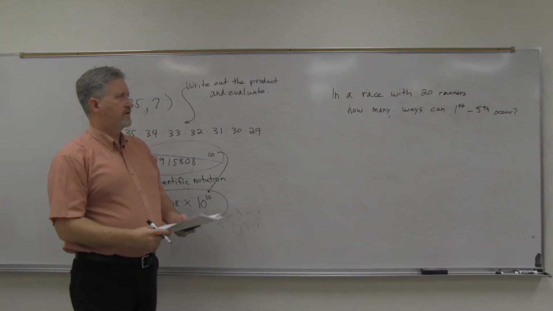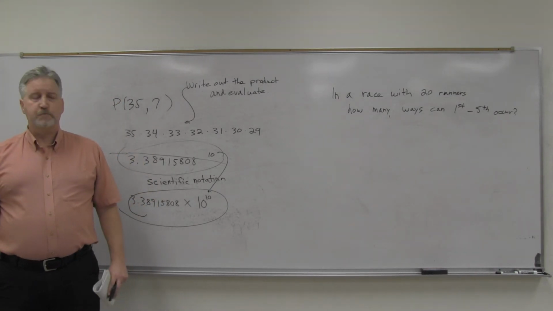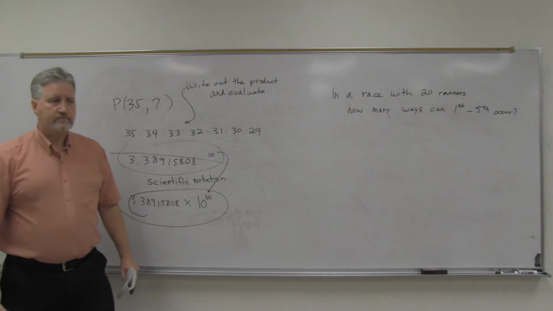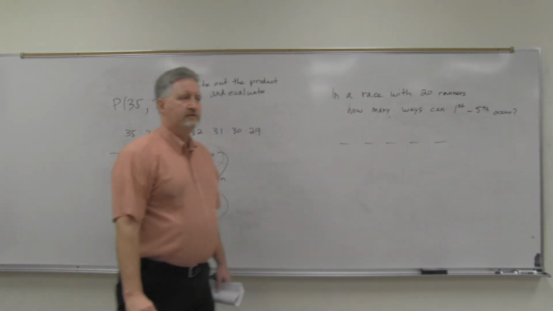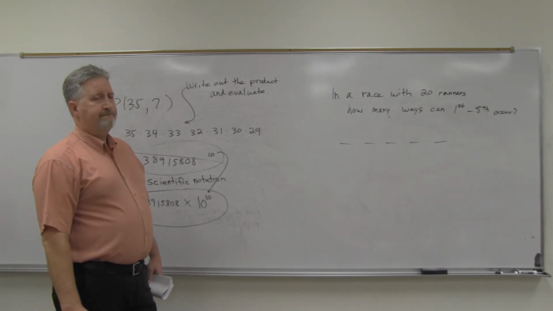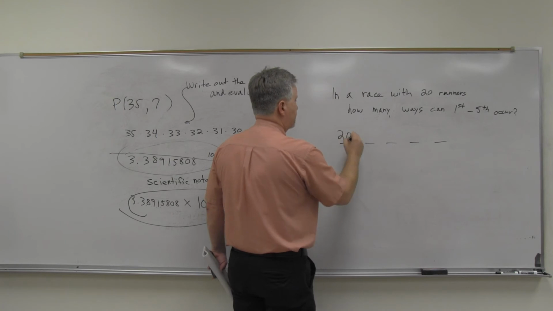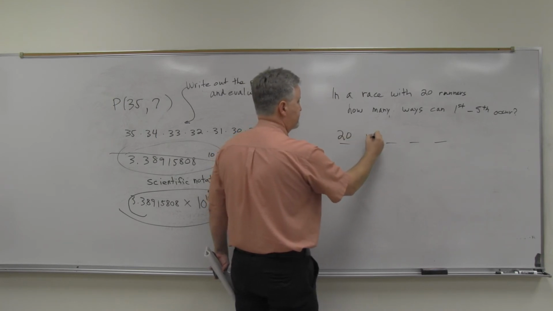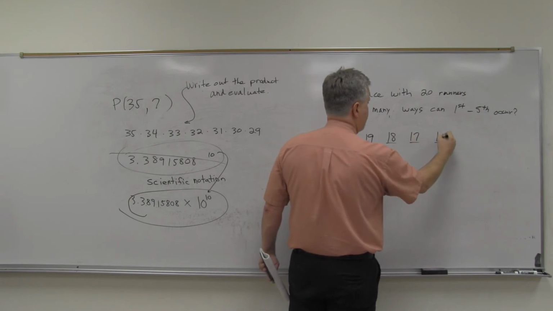In a race with 20 runners, how many ways can first through fifth occur? Well, you got 5 places, so 5 blanks. All right. First place, any of the 20. Second place, can't repeat, so it's 19. And then no repeating, so down to 16.